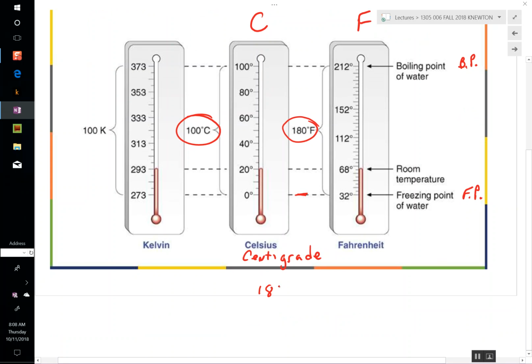There are 180 Fahrenheits per 100 centigrades. So there is 1.8 degrees Fahrenheit per degree centigrade. And if you look on the back of the periodic table, there is a factor of 1.8 in the equations. That's where that factor is coming from.